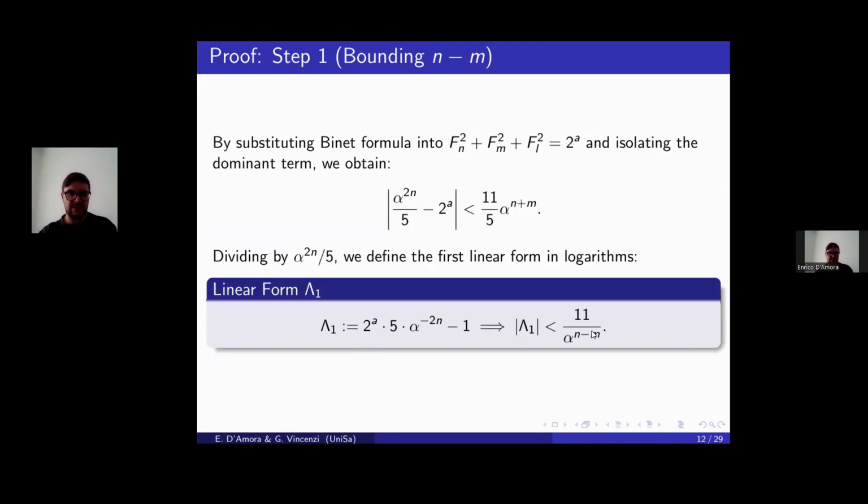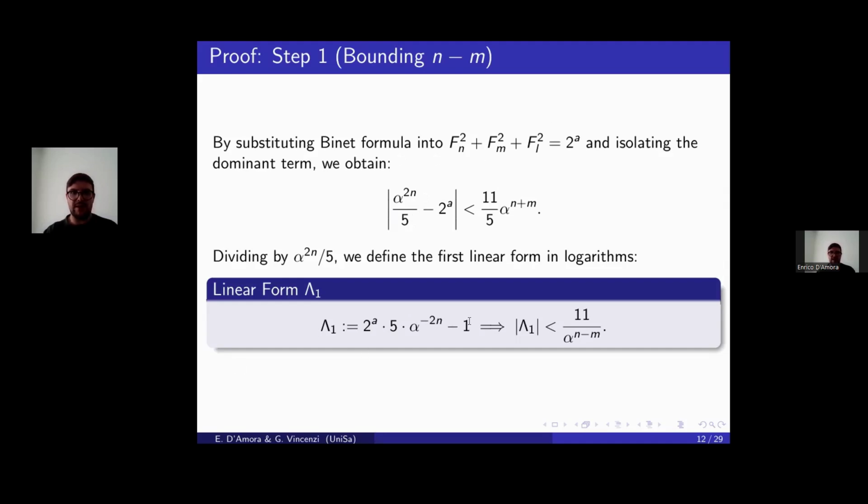The proof is divided into 3 steps. We find the bound on n minus m, then n minus l, and finally n. So we write the equation with the Binet formula, and isolating the dominant term, we obtain this bound, from which, dividing by the dominant term, we obtain a restriction on the expression defined by lambda_1.